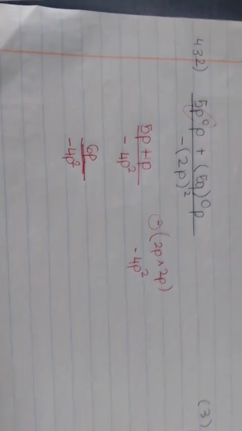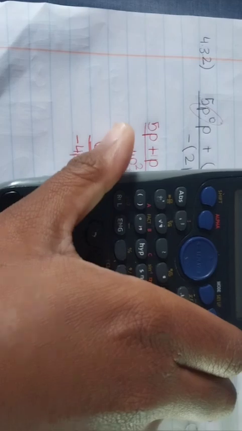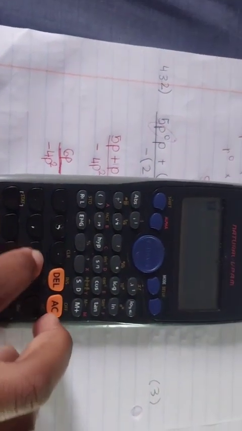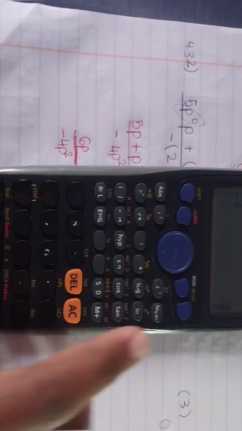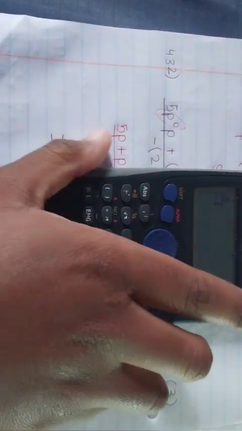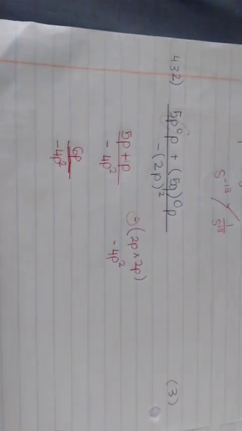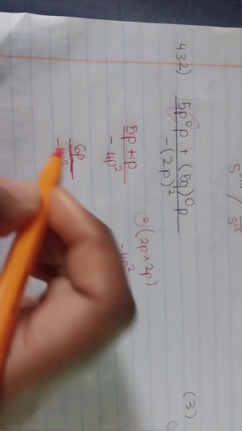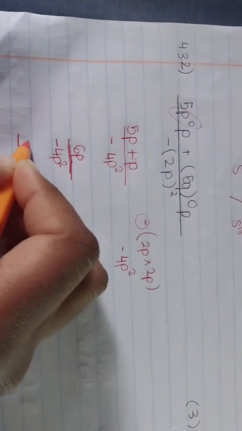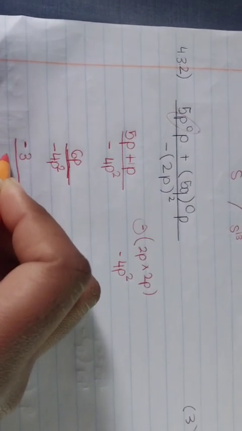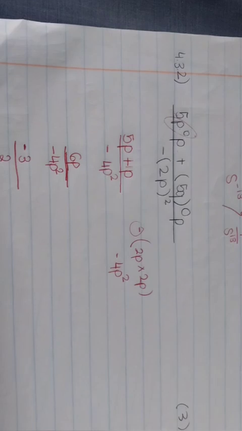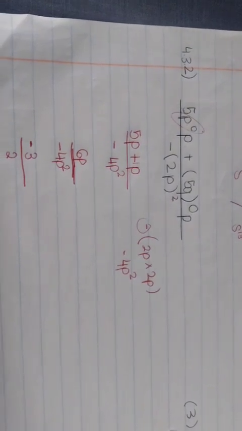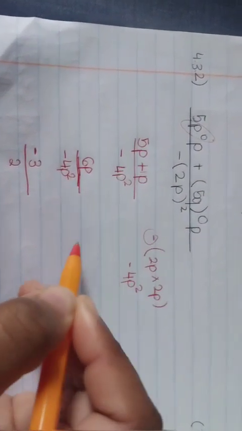Now if you punch this on your calculator, 6 over -4, it is what? -3 over what? 2. So that -3 over 2, keep it there. Okay? Now you know your exponent rule.